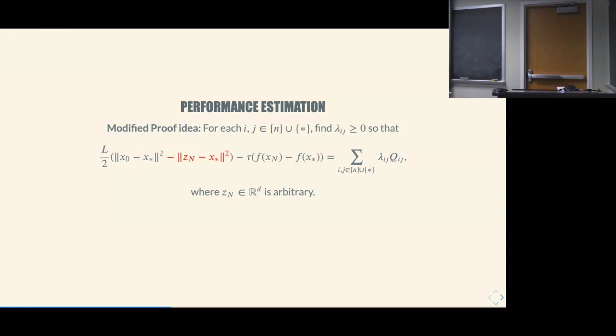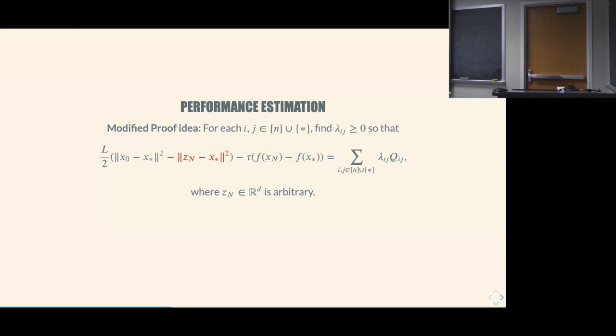But in order to do that, I introduce a new vector z_N, which perhaps you are wondering what this thing is. I haven't told you what it is yet. It doesn't actually matter. If I can write down this expression, if I can find these lambda_ij's that make this true for any z_N, then you've already proven the inequality that you want.